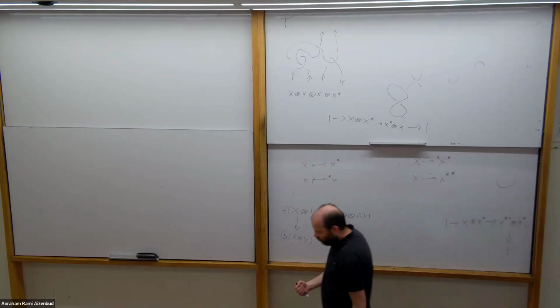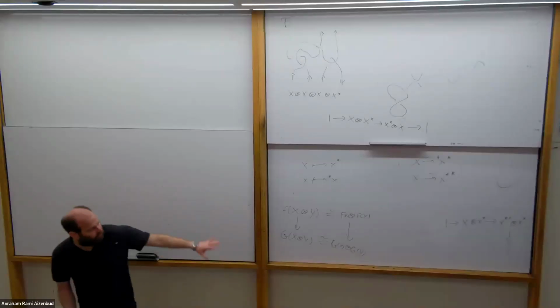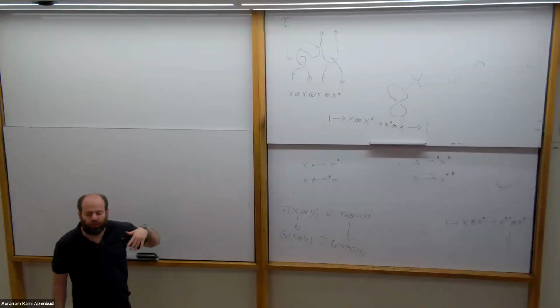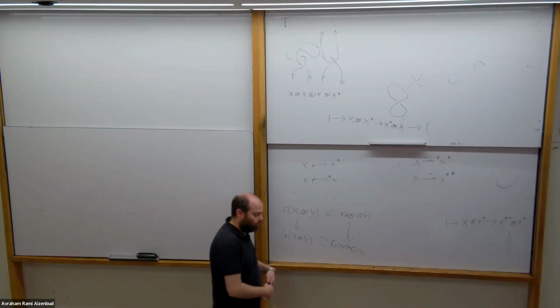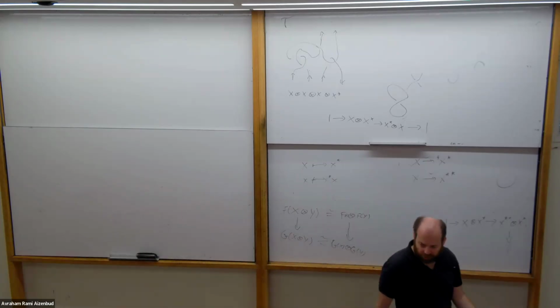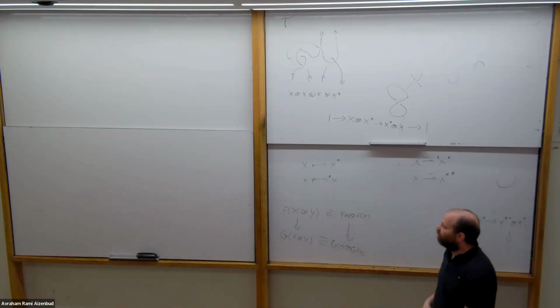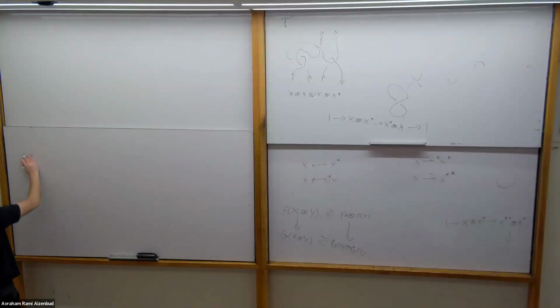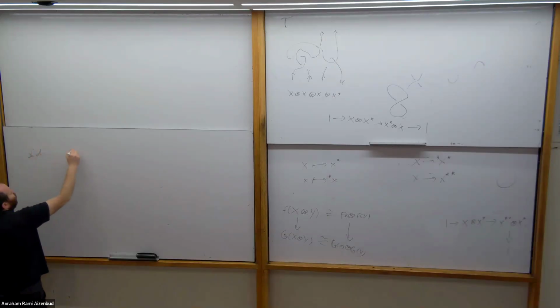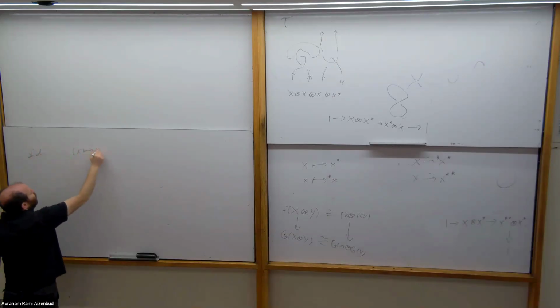So if you want to have a chance that this braided category will be a universal object, like if you want it to be the initial object in the category of monoidal categories, then you need to impose some additional structure on these monoidal categories, some monoidal isomorphism between the identity and the functor that you want.